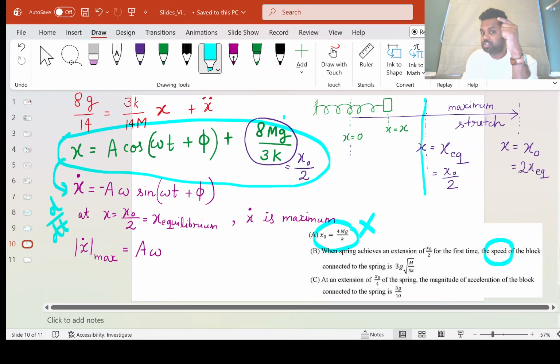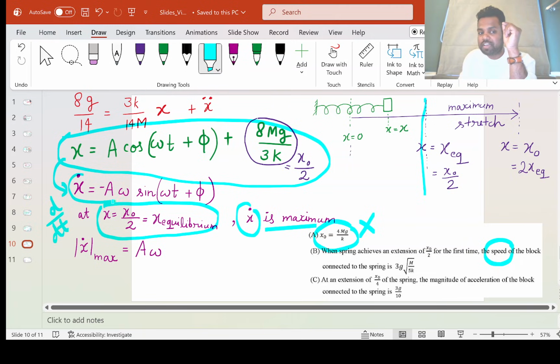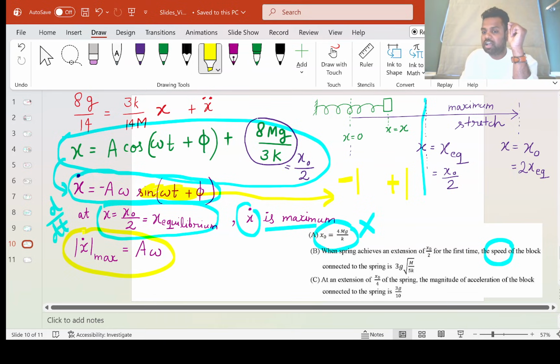This is constant, so it will disappear. At equilibrium, the speed is maximum. The sine function goes from minus 1 to plus 1, so the maximum speed will be A omega. That's what we have to calculate.